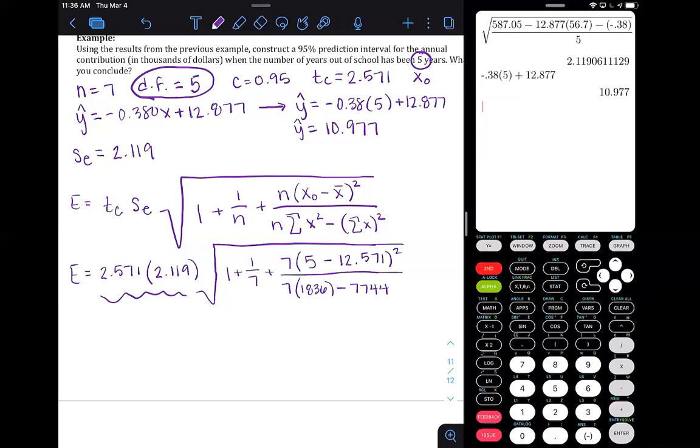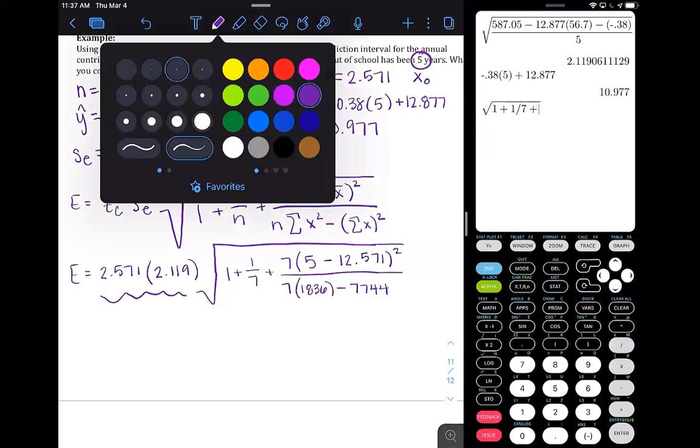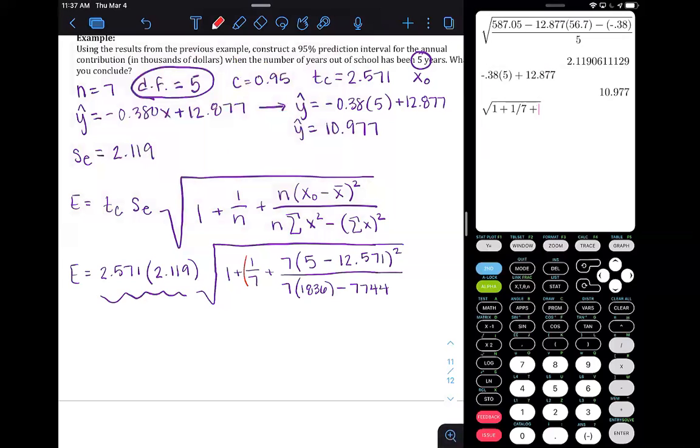So we have the square root of 1 plus 1/7 plus this fraction. If you have an older calculator, you're going to need parentheses, and you're actually going to need to put parentheses around this 1/7 as well. And I would put parentheses around the whole fraction. If you have a newer calculator, though, use that fraction button.